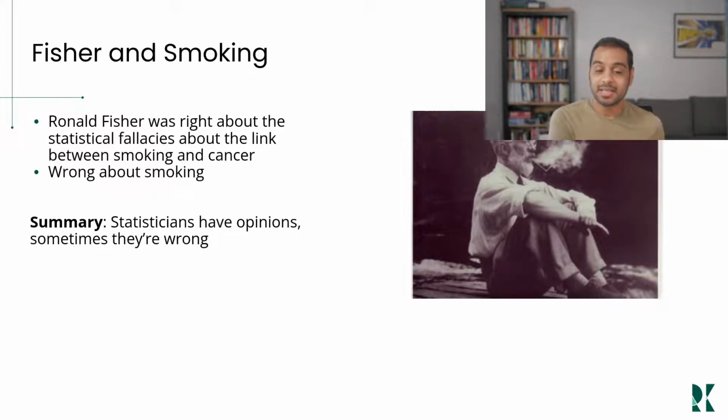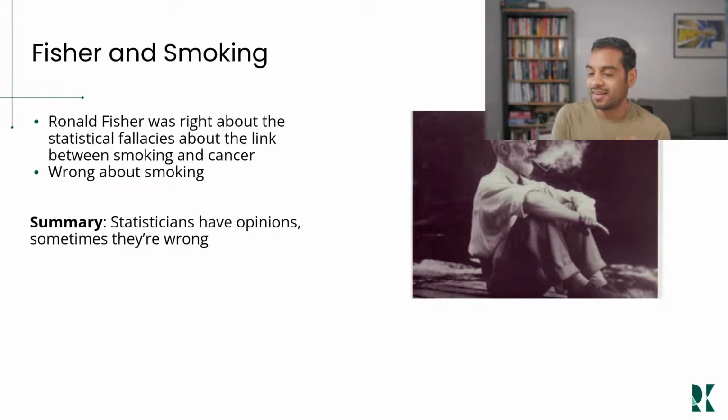Now, if I put my statistician hat on, I agree with Ronald Fisher, but it was so fascinating to me that one of these godfathers of statistics, somebody who clearly knows a lot about this topic, somebody who's been brought up multiple times in this book, from the basic t-test to the last chapter, which was the teacup thing, statistical inference with randomization, I have to go back and remember what that term was, has an opinion that was just wrong.